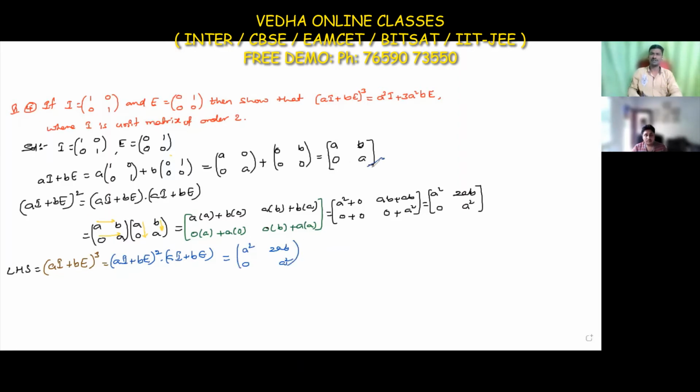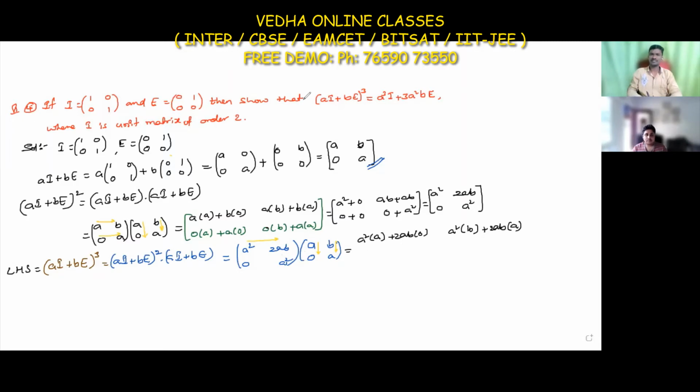That is [[a,b],[0,a]], which we got just now. How do we multiply? Again the same thing: first row with first column and second column. So this is equal to a square into a plus 2ab into 0, then a square into b plus 2ab into a.